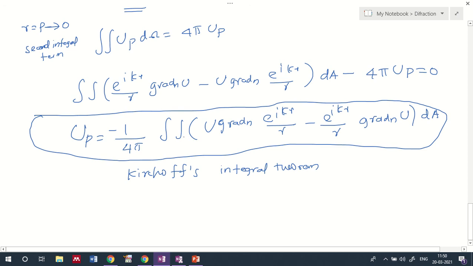If you apply the Kirchhoff integral theorem to diffraction, the wave function u can be considered as the optical disturbance.